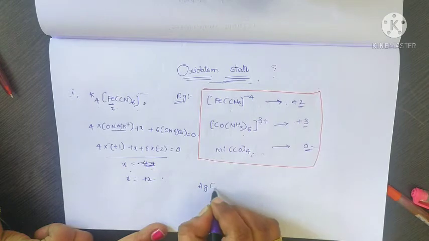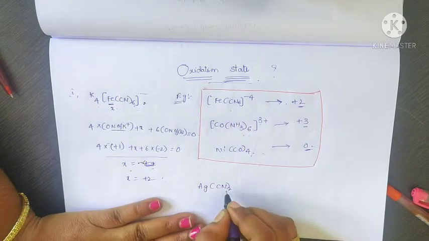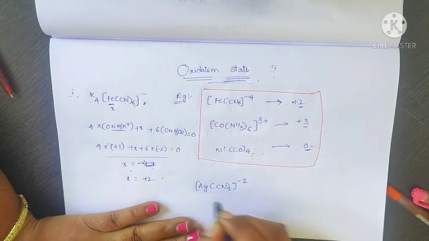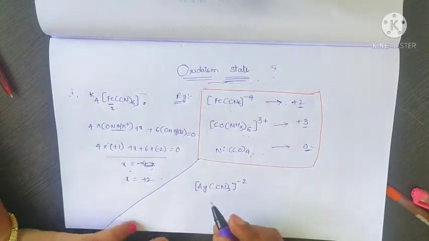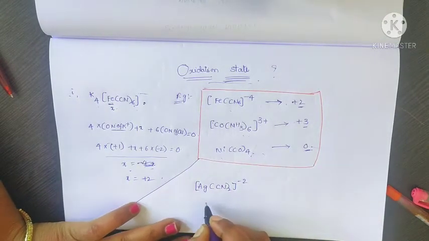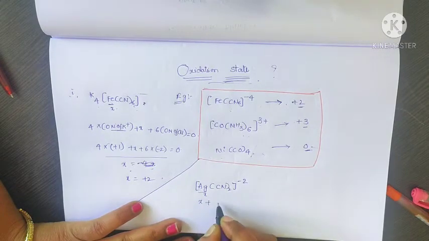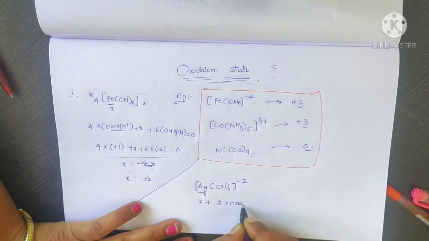And next one is AgCN2 2 minus. This complex ion carries a minus 2 charge. So that equals minus 2. We are calculating the oxidation state of silver to be X. So X plus 2 cyanide ions are there. So 2 ligands, the cyanide ion oxidation number is minus 1.